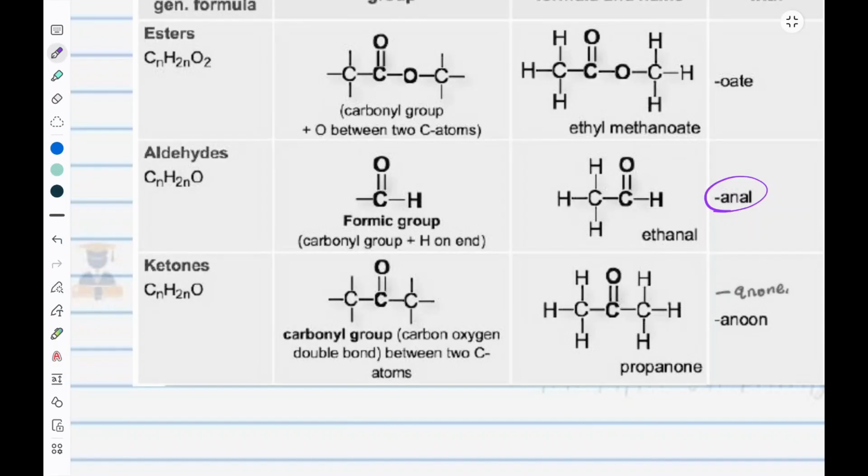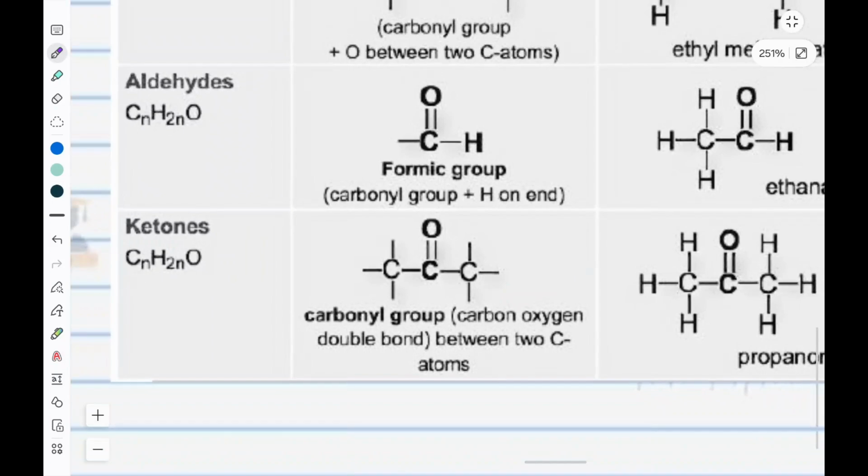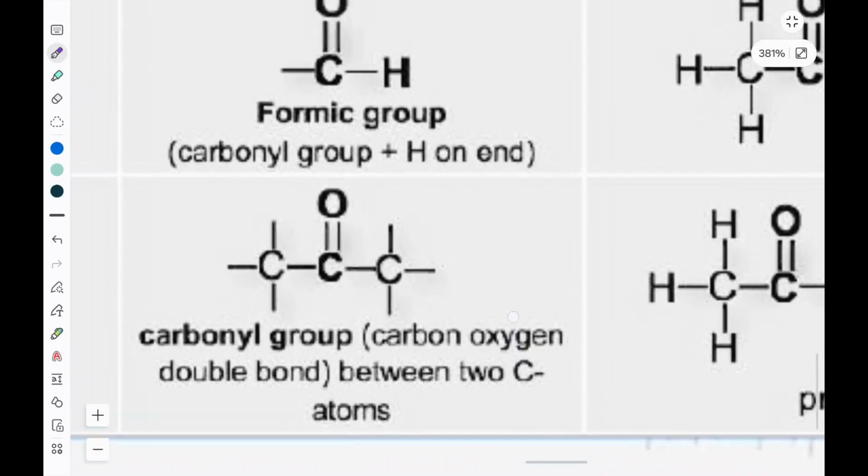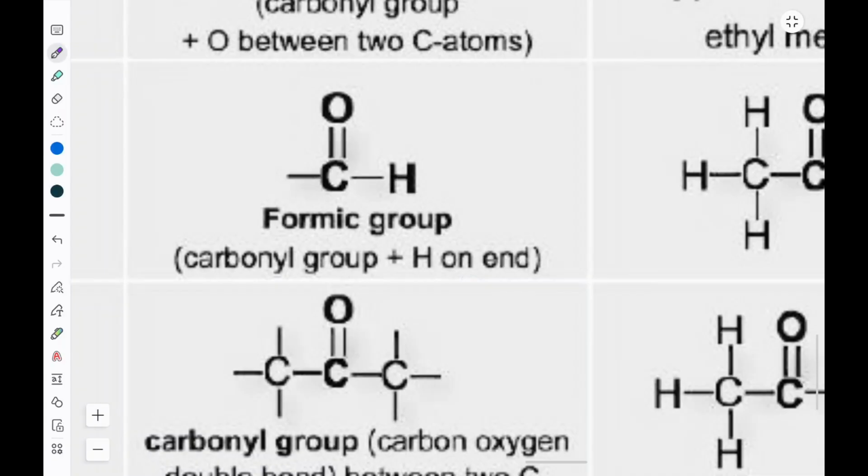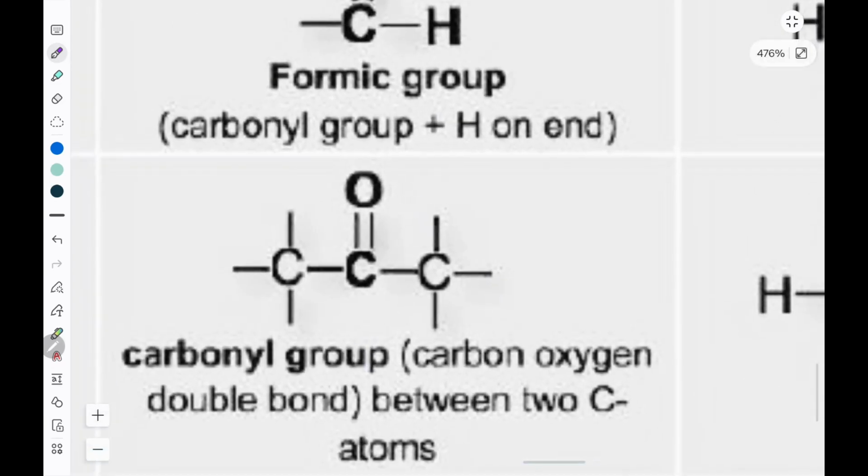Ketones, carbonyl group, right? And here, if you check, there's a difference now. The carbon atom that is covalently bonded to the oxygen atom should also be bonded to 2 other carbon atoms, one on each side, right? Unlike here, where the carbon atom that's covalently bonded to that oxygen atom is bonded to a hydrogen and can be bonded to anything else after. So here, the carbon atom must be bonded to other carbon atoms.